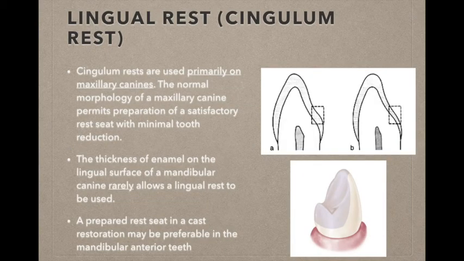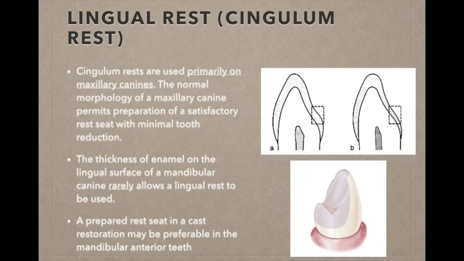So this cingulum rest seat design is primarily used for the maxillary canine, because the maxillary canine morphology usually permits this preparation with minimum tooth reduction. However, on the mandibular canine, sometimes the thickness of the enamel is limited, so you will not be able to use the lingual or cingulum rest seat.